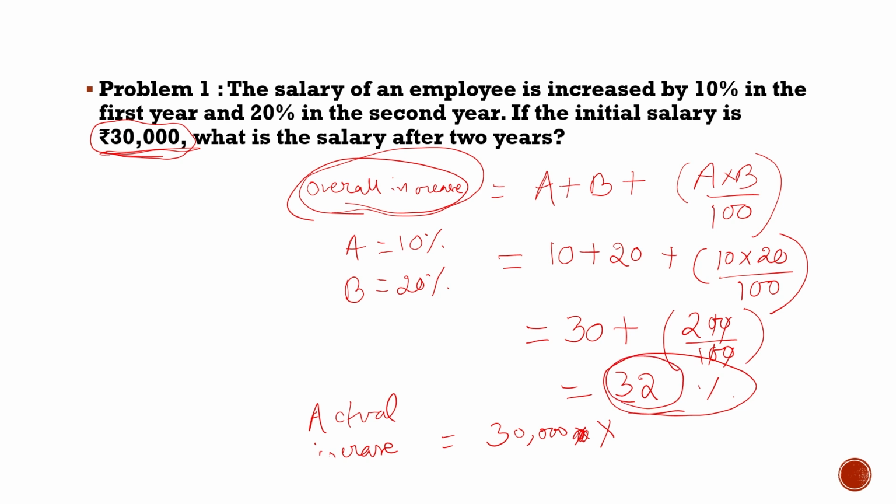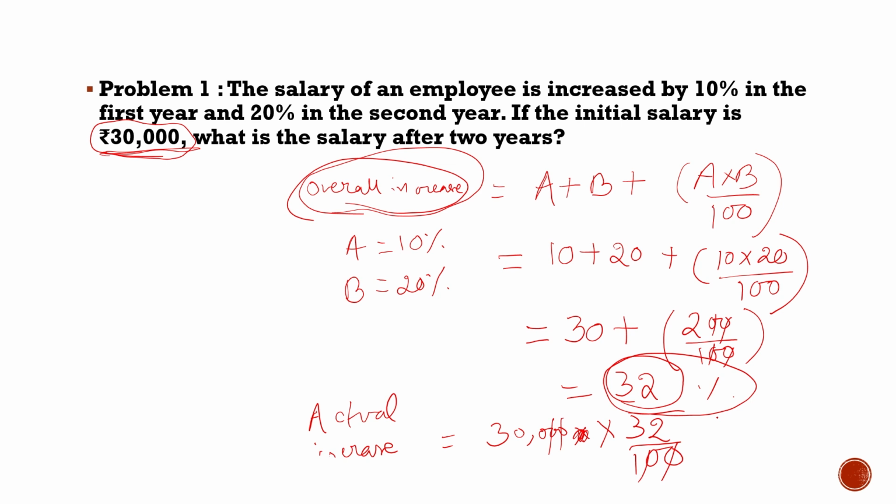So what is 32% of 30,000? That we have to find out. So 32 by 100, right? 0, 0 will cancel out and we have to multiply 300, that is 300 into 32. If you multiply it, you will get 9600.